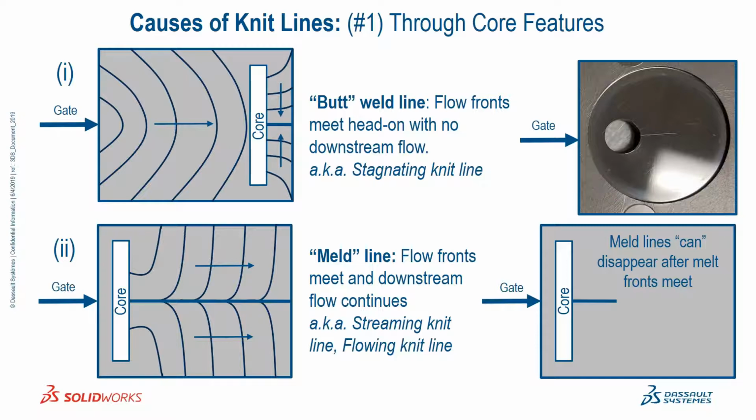With a meld line, as it's called, the line can often disappear. In the figure on the lower right, material has flowed around a core, creating the knit line, but the knit line is only visible for a certain distance from the core toward the end of flow.